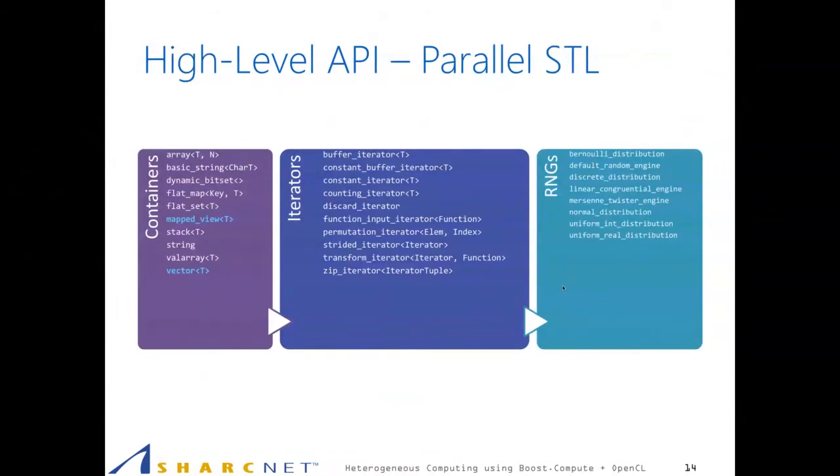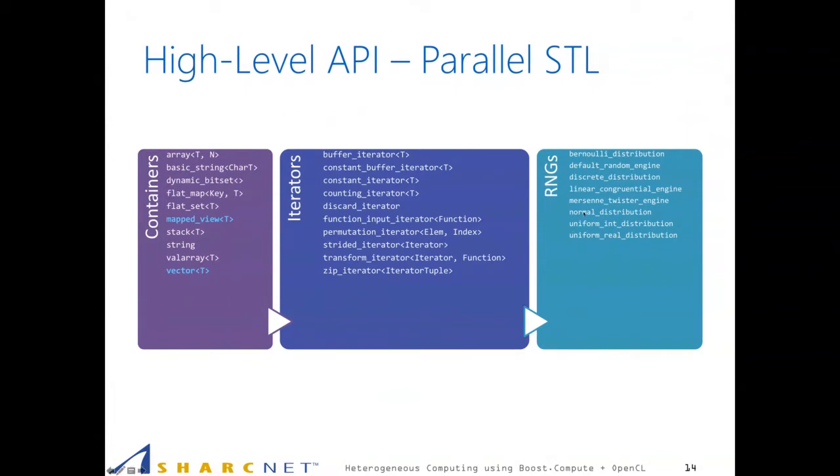The higher-level API is actually a parallel STL. There are some containers, the most important of which are vector, which has the same interface as std::vector, and map view, which is also important. We are going to show examples of these two containers in our tutorial. There are also fancy iterators like buffer iterator, zip iterator, and so on.